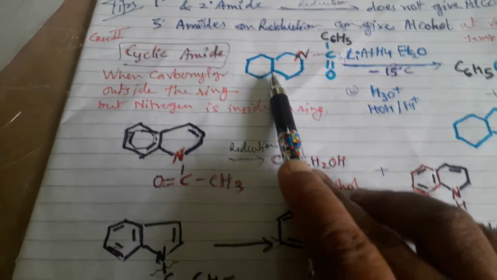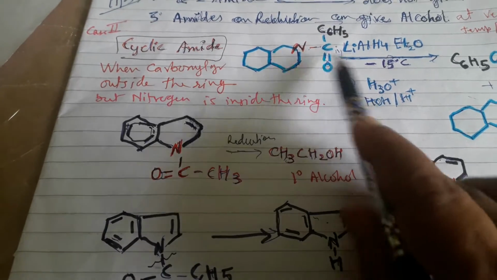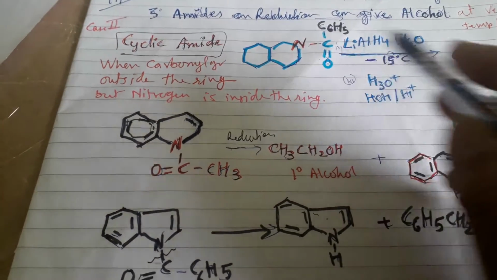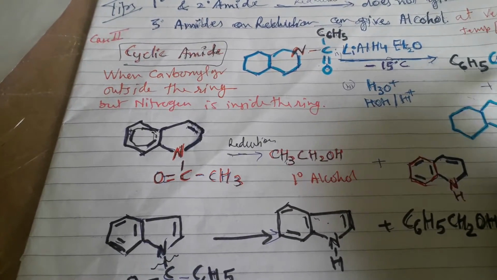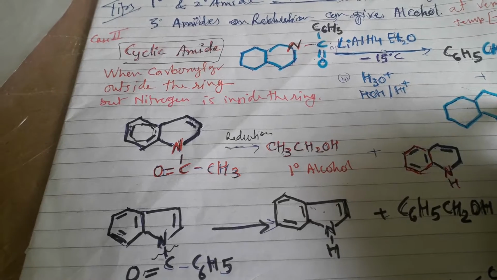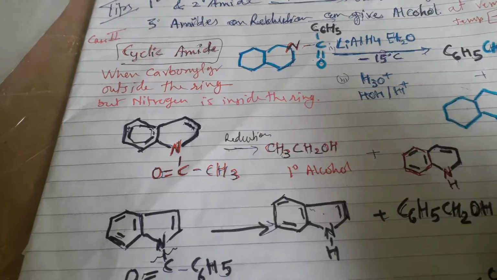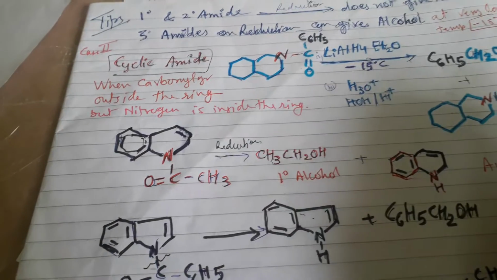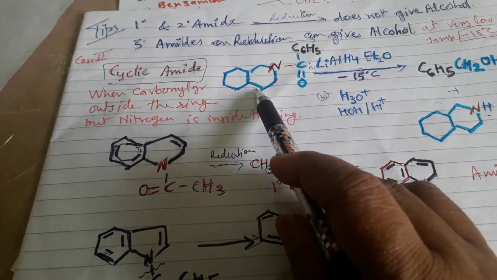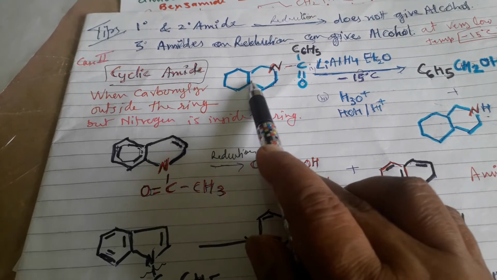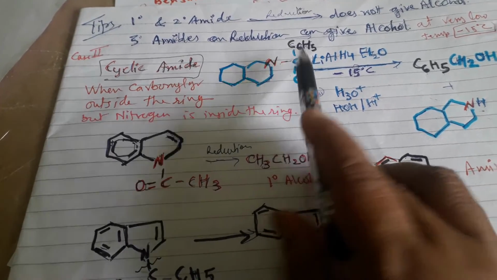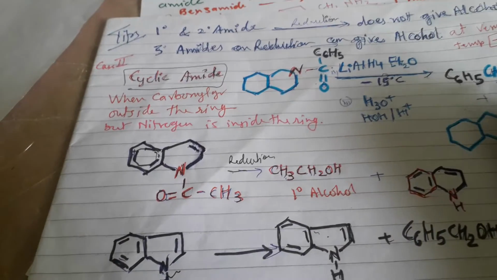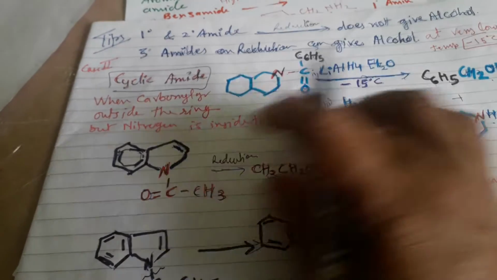Now cyclic amide. Here, in this case, this is outside of the ring, so the ring breaks up and you'll get C6H5CH2OH, and this is in the ring. What is the difference between all these things? All these are temperature governed properties. When I am saying that this cyclic compound is there and this is outside of the ring, this is a heavy bulky group, it easily comes out, and it will give you benzyl alcohol.